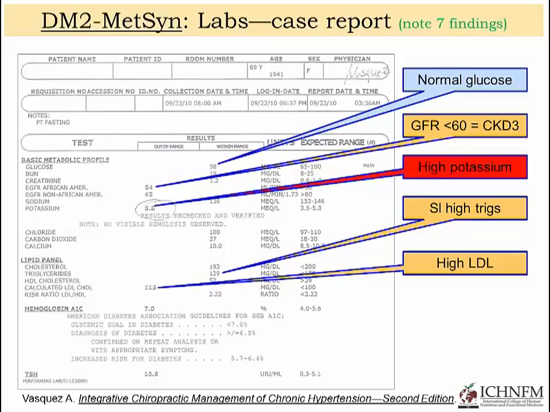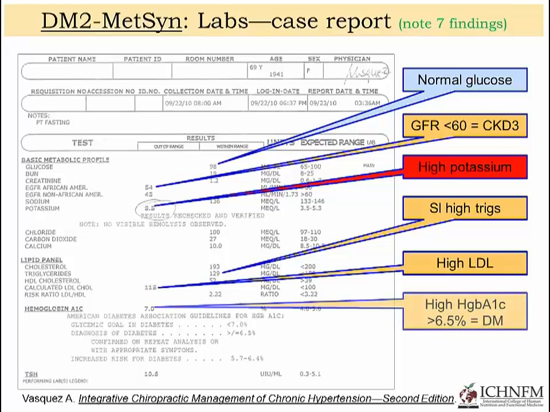Look at her LDL is a little bit high too. Now, it's high because this patient's diabetic, and we found out that she's diabetic by looking at her hemoglobin A1C level. So notice that her glucose is normal. So if we had just used a fasting glucose as our test to see whether or not she's diabetic, we would have missed it. But her hemoglobin A1C is what's telling us the truth.